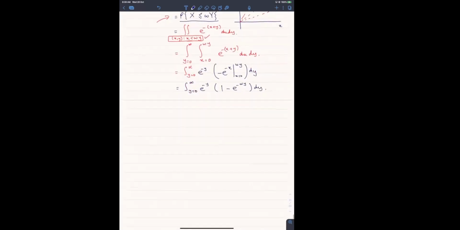And this integral, by the way, again, एक तो ये है तरीका कि इसको बैठ के सॉल्व करते रहे. दूसरा तरीका ये है कि recognize कि y going from 0 to infinity, this is e to the minus y, minus integral y going from 0 to infinity, e to the minus (w plus 1) y dy.